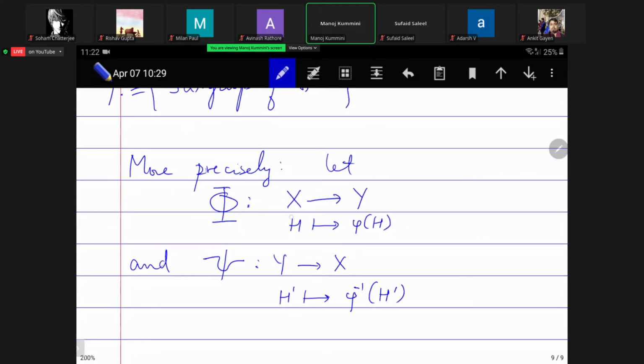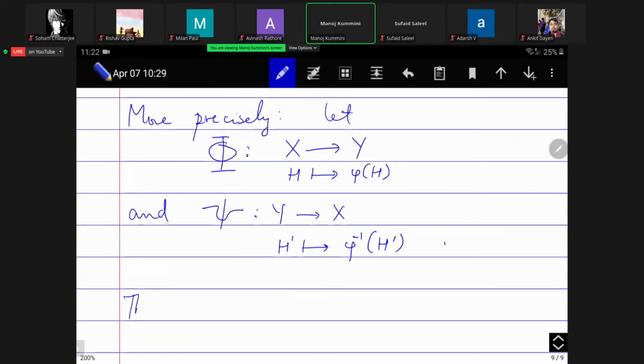Then phi and psi are inverse functions of each other.